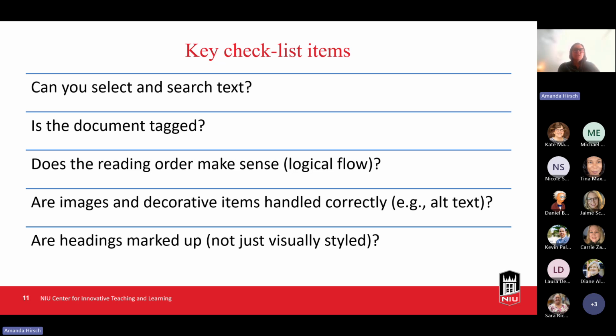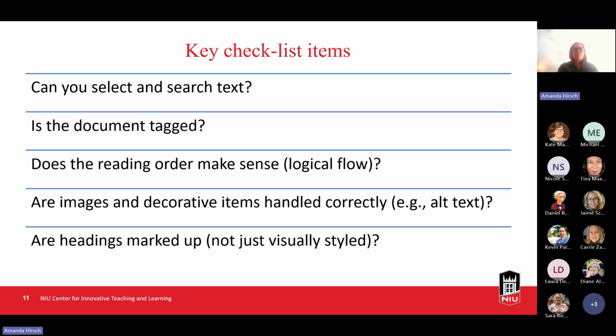Another important thing to check is whether headings are properly marked up. Sometimes headings are only styled visually, and this goes for all kinds of documents, including Word documents, but larger font, bold text, a different color, but within the data, they're not actually tagged as headings in that document structure.